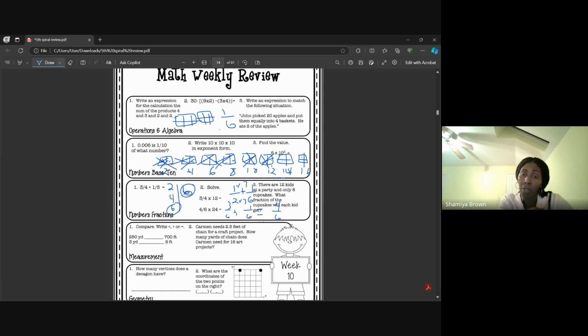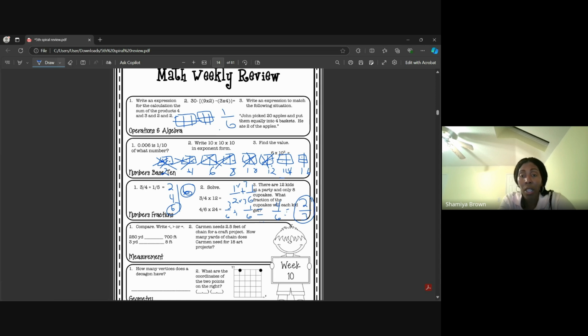And I can simplify that to 4 divided by 2 is 2, and 6 divided by 2 is 3. So they can get 2/3 of a cupcake. That was a lot of work. So each kid could get 2/3 of a cupcake.